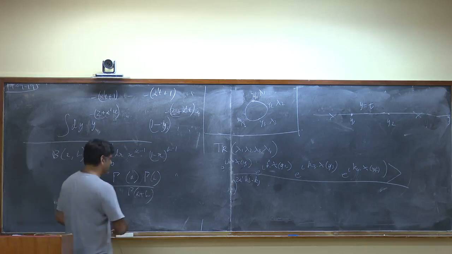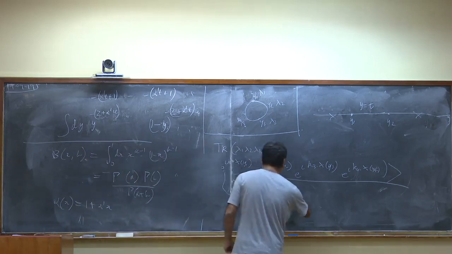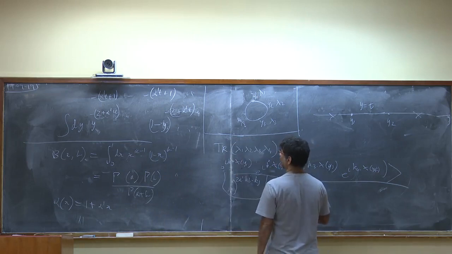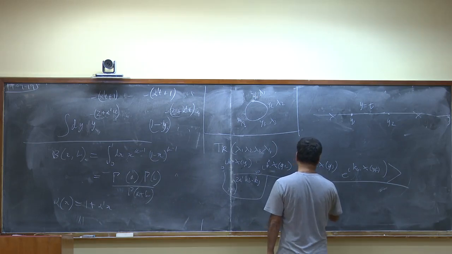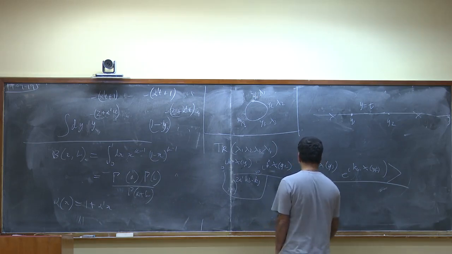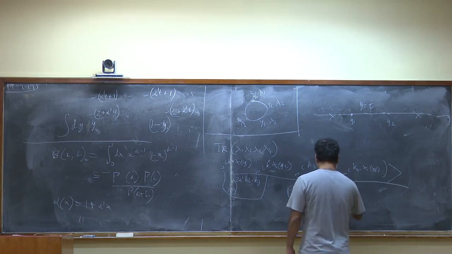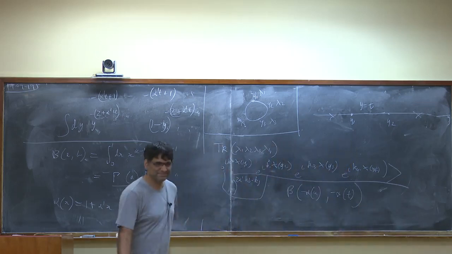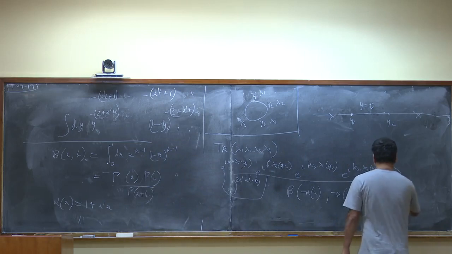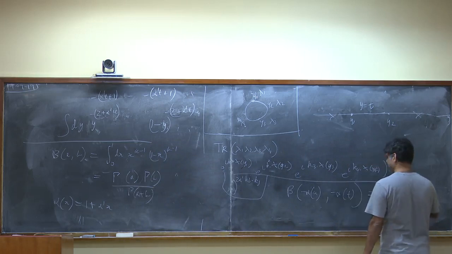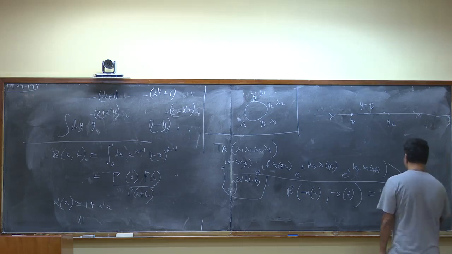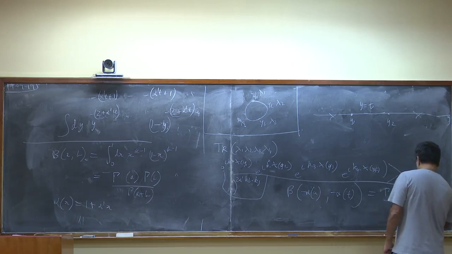Okay, so then this becomes beta of minus alpha of u and minus alpha of t, which is equal to gamma of minus alpha u, gamma of minus alpha t divided by gamma of minus alpha u minus alpha t.